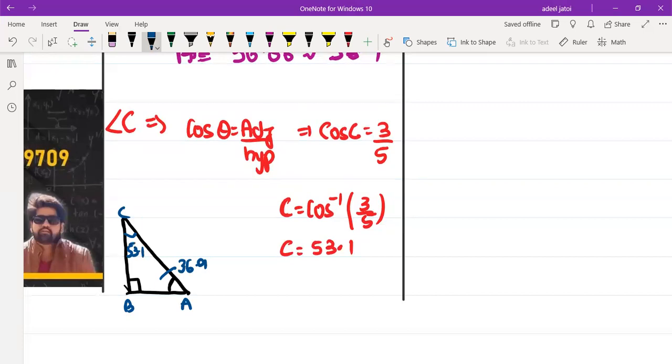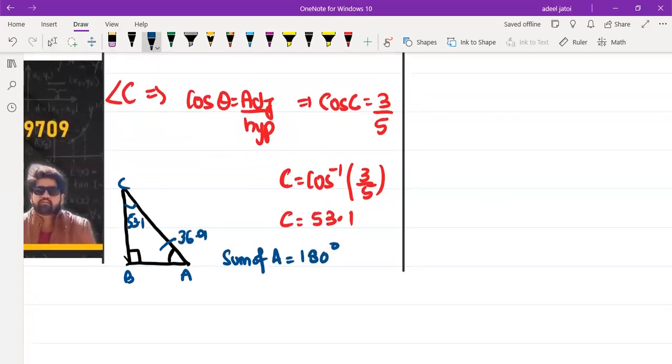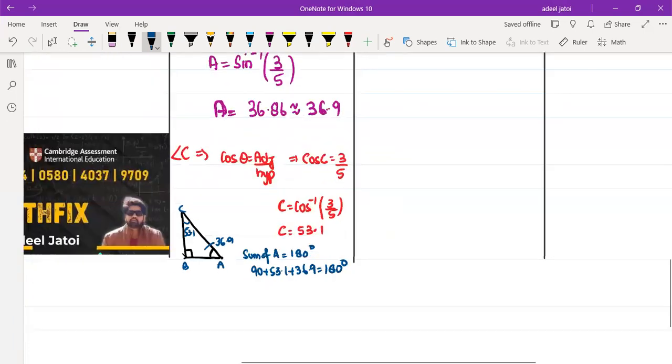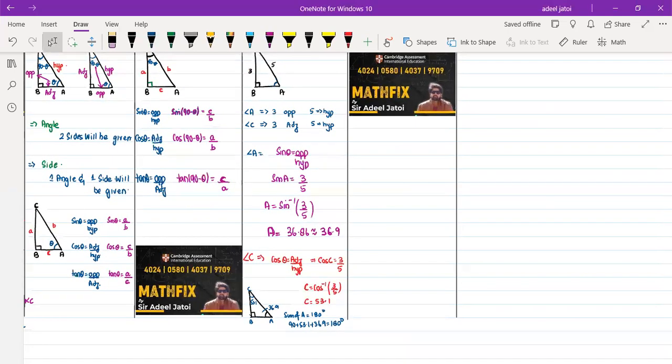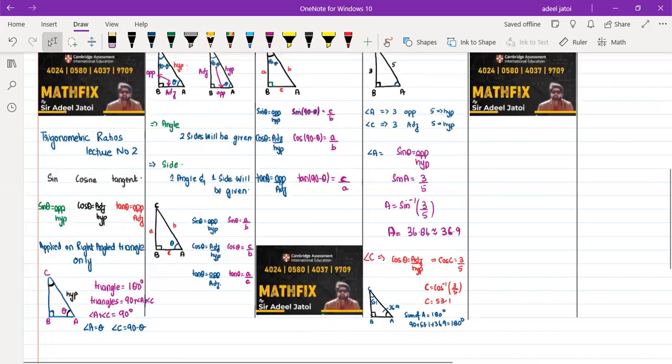The sum of the angles of a triangle is 180 degrees, so 90 plus 53.1 plus 36.9 gives me 180 degrees, which means the working that we have done fully satisfies the angle sum of a triangle.